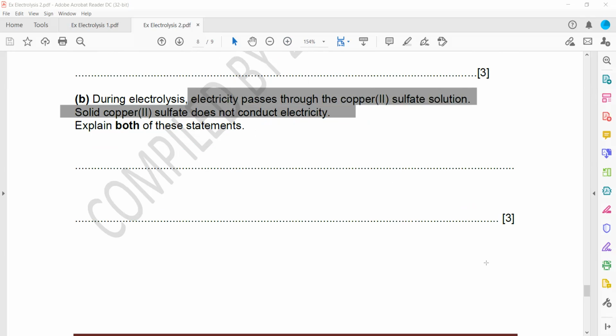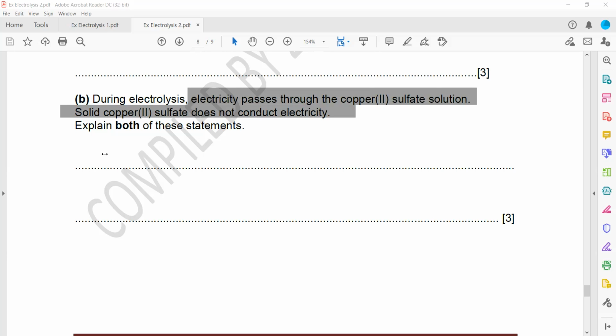First, in solid copper 2 sulfate, the ions are not free to move. Ions can only vibrate. But in a solution, when it is dissolved, ions are free to move. That's why it can conduct electricity.